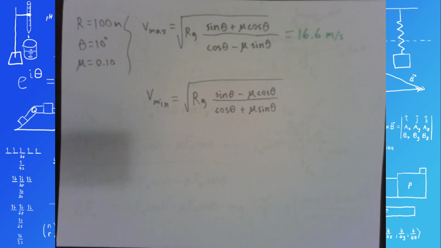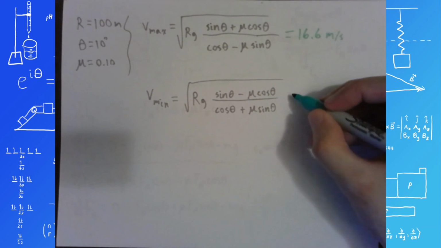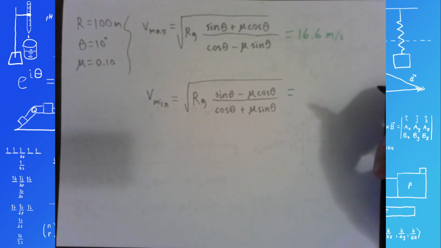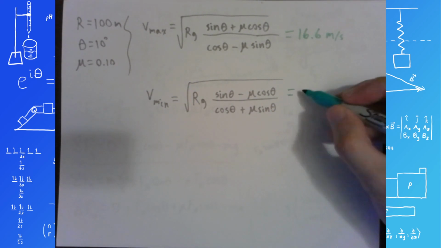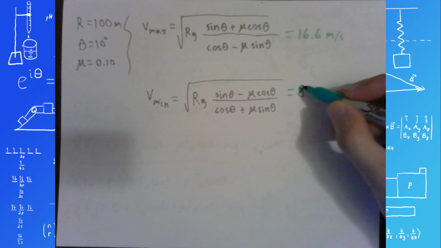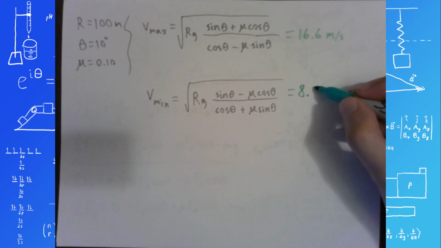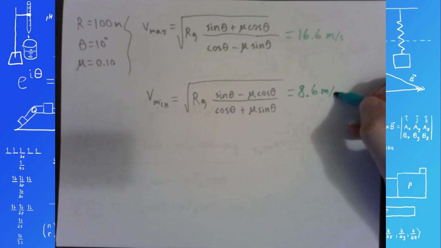So you don't have to type it all out again if your calculator allows you to press the up button and highlight previous inputs. Just edit the parts that change and keep everything else the same, and I'm getting 8.6 meters per second.